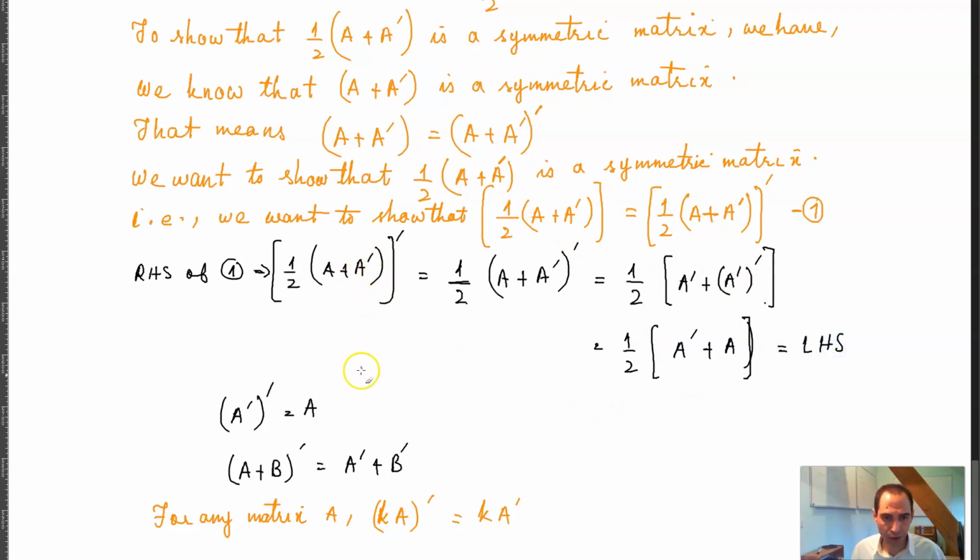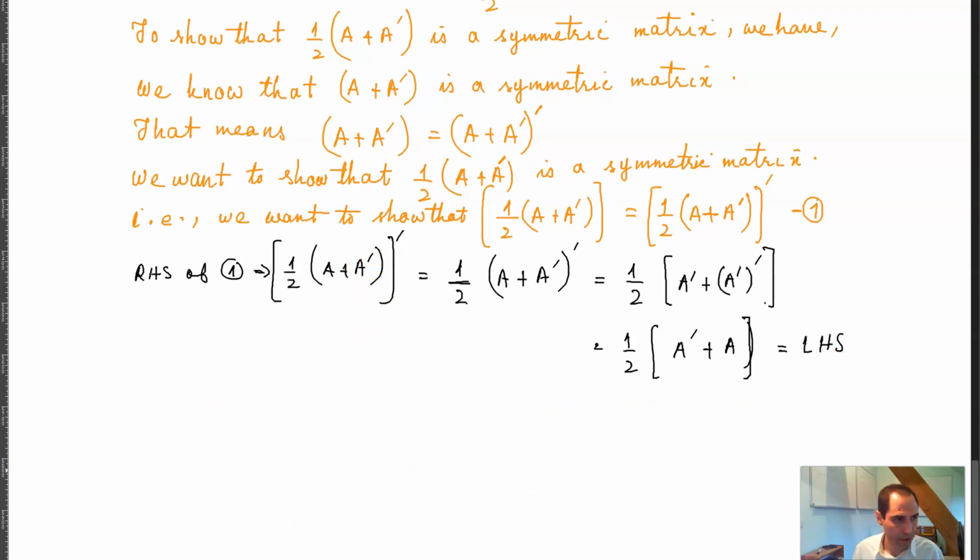Therefore, you can say that 1/2 of A plus A prime is a symmetric matrix.